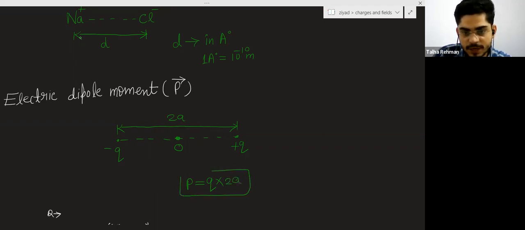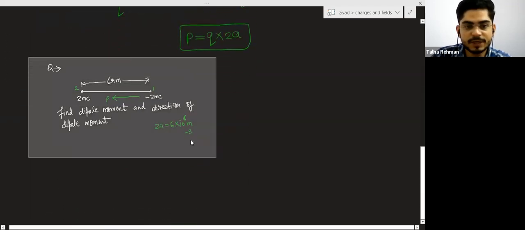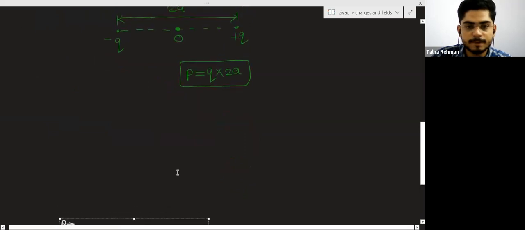This is the dipole moment. And I have already told you this is a vector quantity.